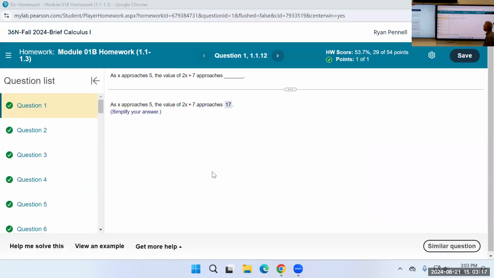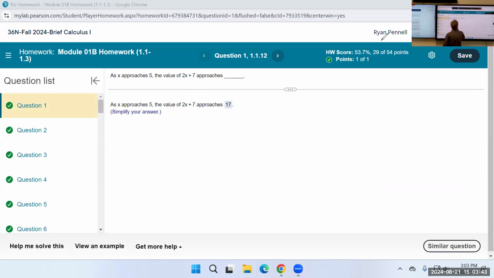So looking at the homework already, I'm going to start playing around with ideas, how this might work. Okay, so as x approaches 5, the value of 2x plus 7 approaches.